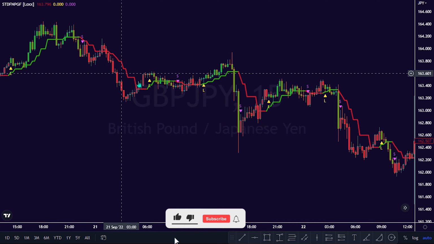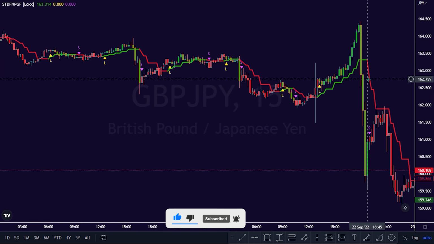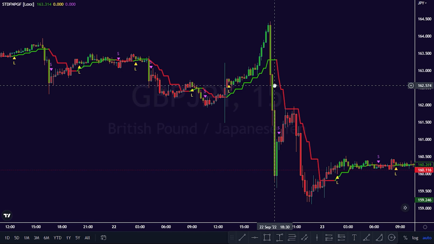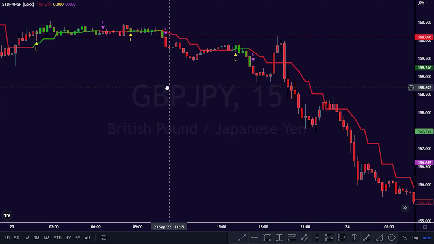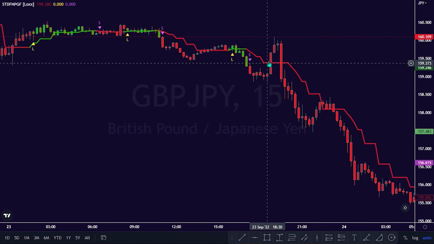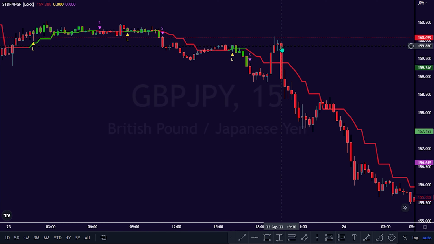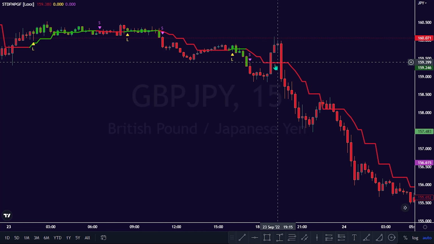Also, to sell with the Gaussian filter indicator, I will watch out for a strong bearish trending market on the 4-hour chart. Then proceed to the 15-minute time frame. If there's a bearish pullback to the Gaussian filter indicator red line, then I will sell if there's a strong bearish price action rejection from the retest of the Gaussian filter indicator red line.